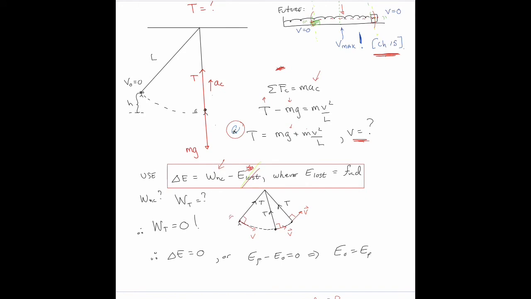As he swings back and forth, the tension is always perpendicular to the direction he's going, the direction he's headed at that instant. So even though there is a non-conservative force, it does no work. So that term is now 0. Therefore, energy doesn't change. Final minus initial is 0, so energy is conserved.